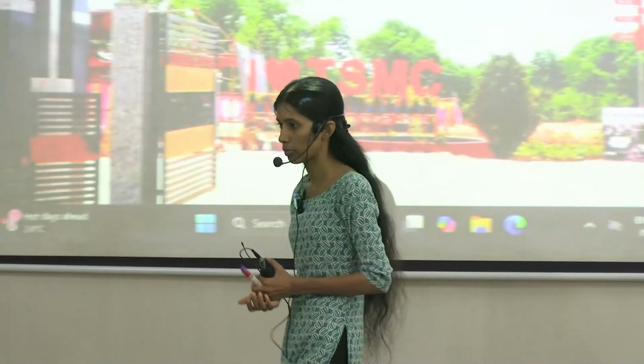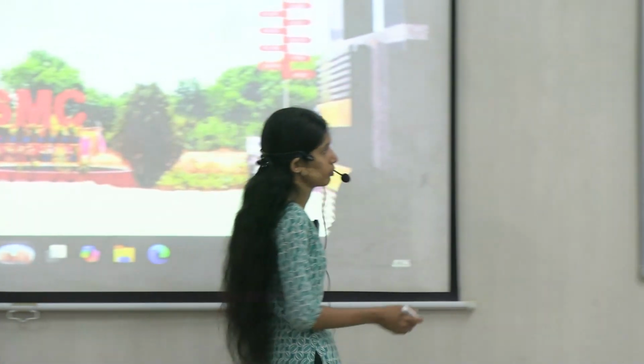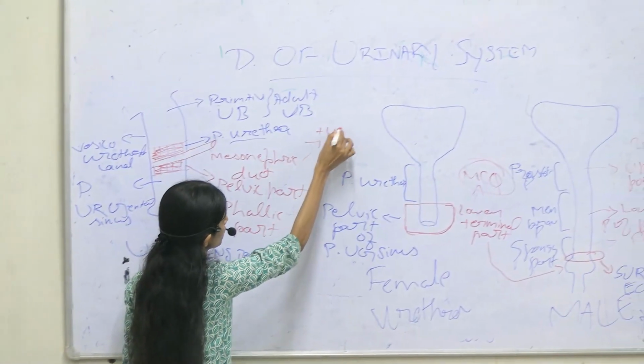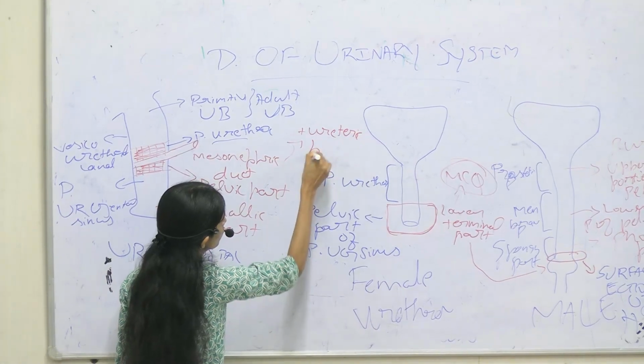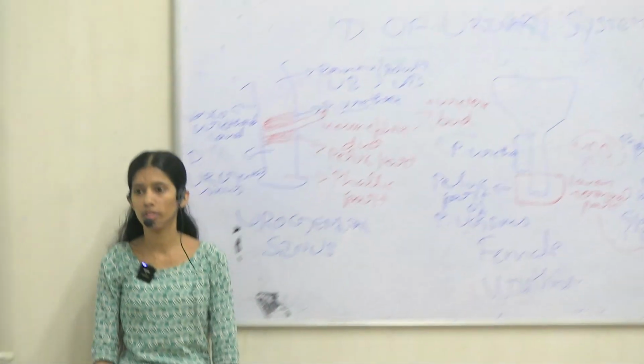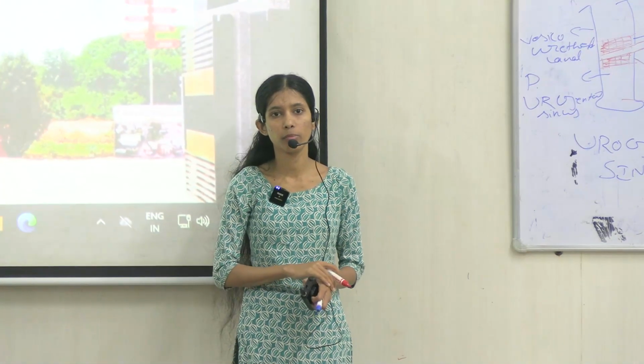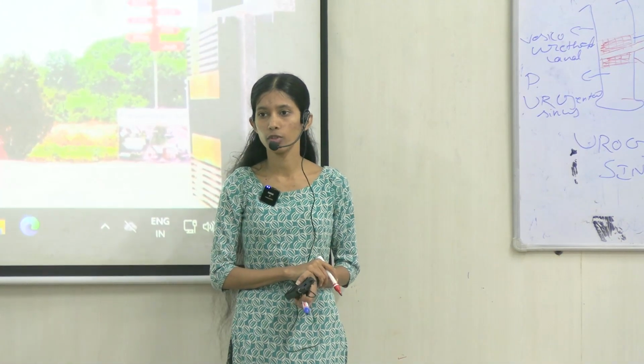So this is how the development of urinary bladder, male and female urethra and also kidney and ureter takes place. And remember the mesonephric duct along with the ureteric bud: these two will get absorbed into the posterior wall of the urinary bladder to form the trigone of the urinary bladder.